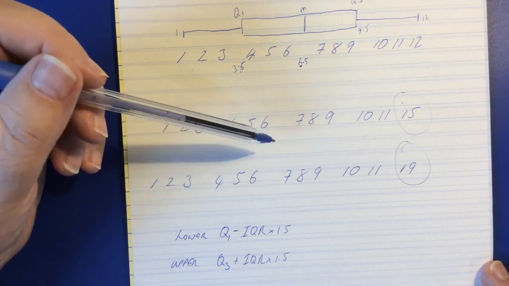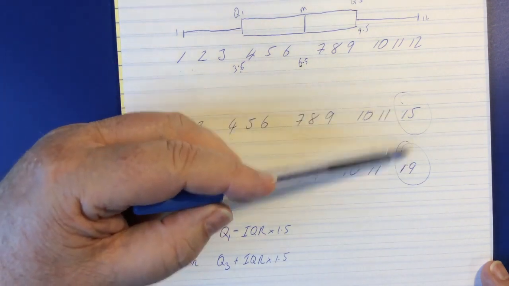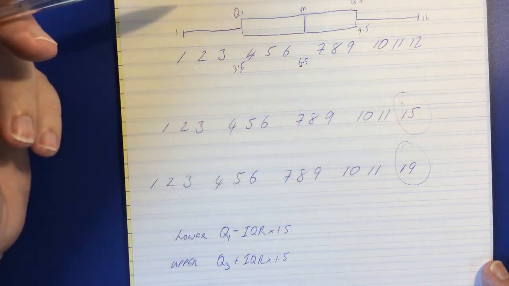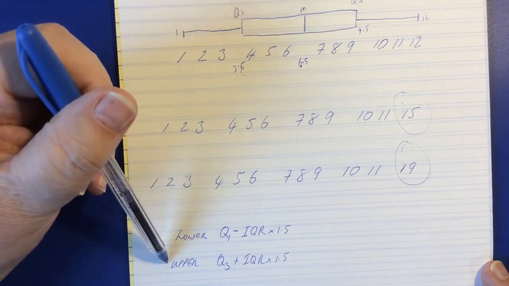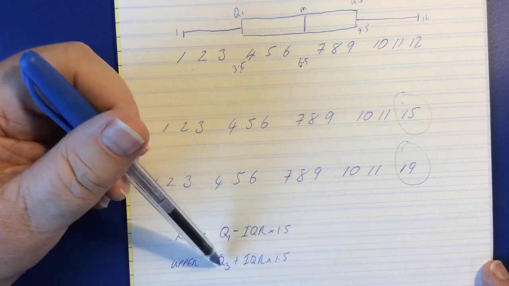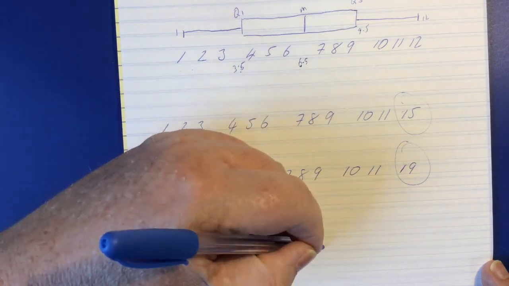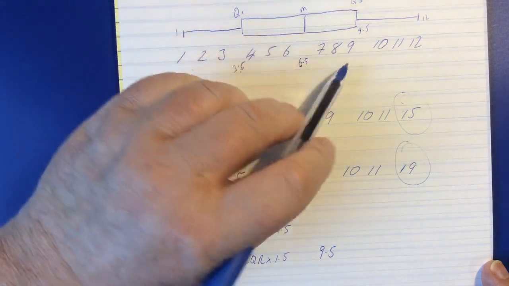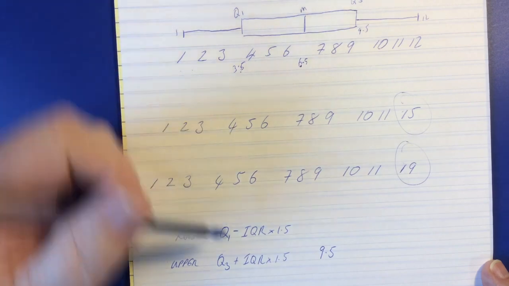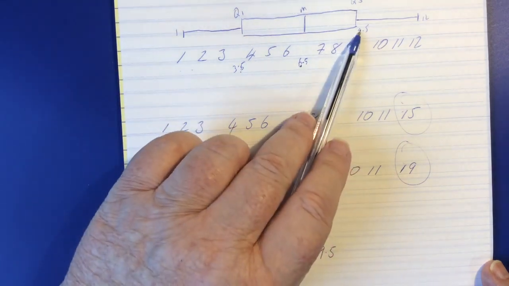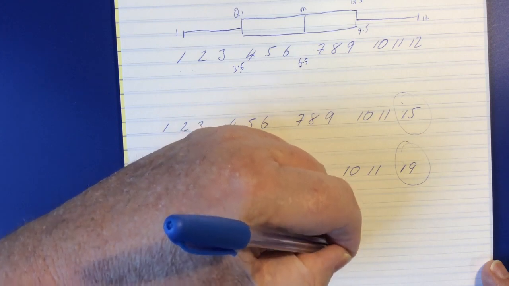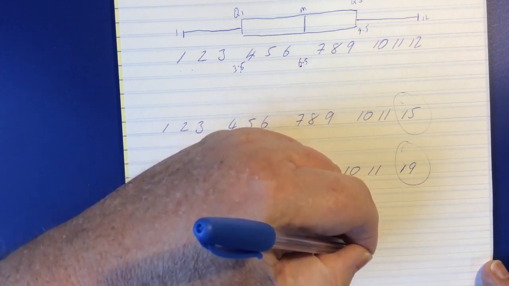So we're going to work out whether one or both or neither of these is an outlier. And because they're at the upper end of the data, we're going to work out what the fence is for that. So Q3 is 9.5, which we worked out here. 9 plus 10 divided by 2 is Q3. The interquartile range, 9.5 minus 3.5, is 6, plus 6 times 1.5.